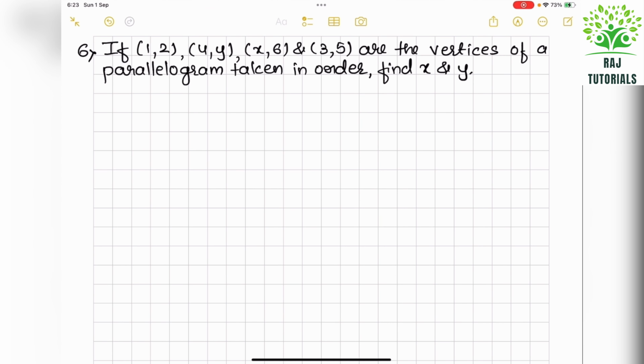Now next question says, if (1, 2), (4, y), (x, 6) and (3, 5) are the vertices of a parallelogram taken in order, find x and y.